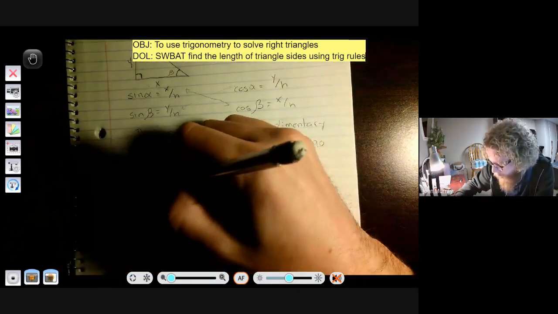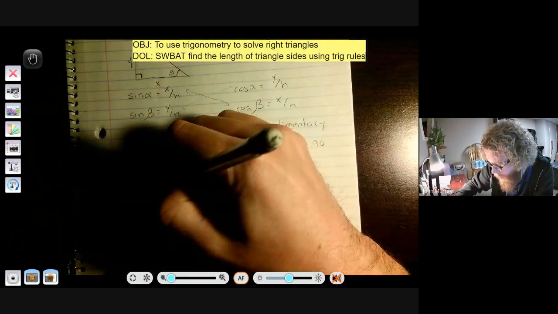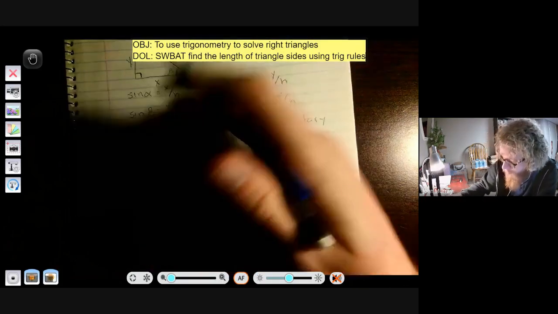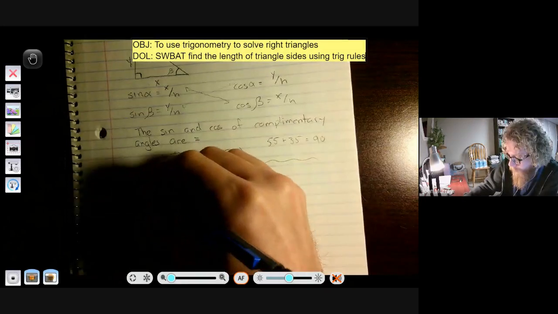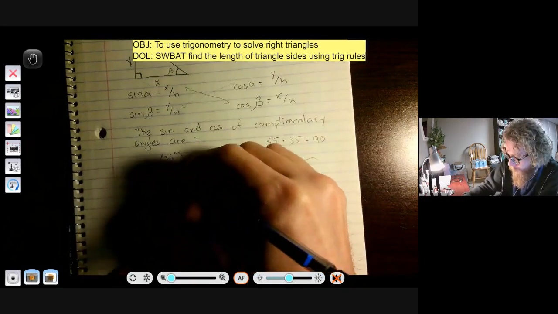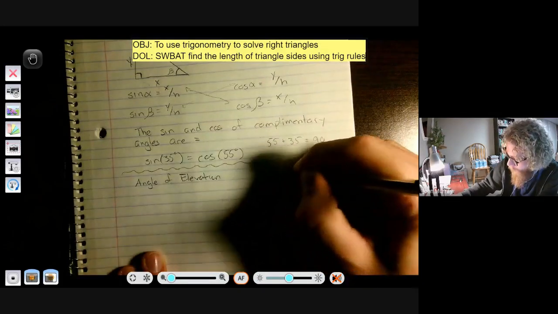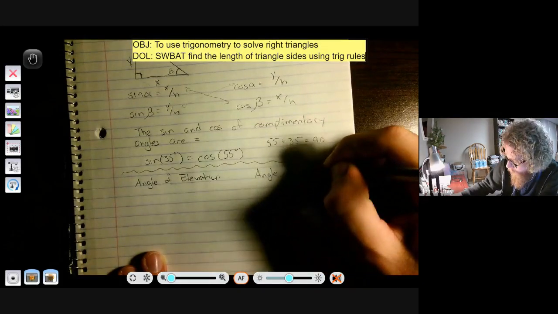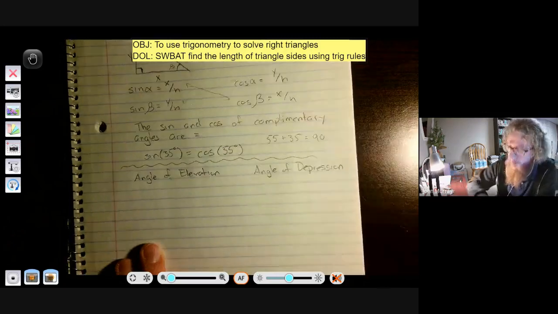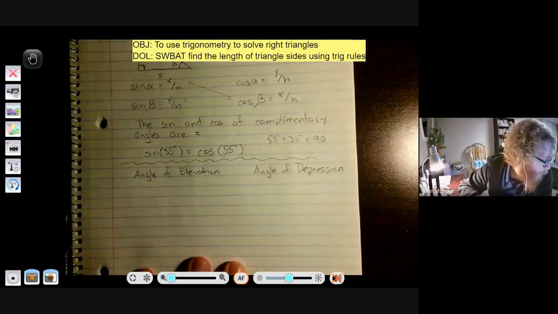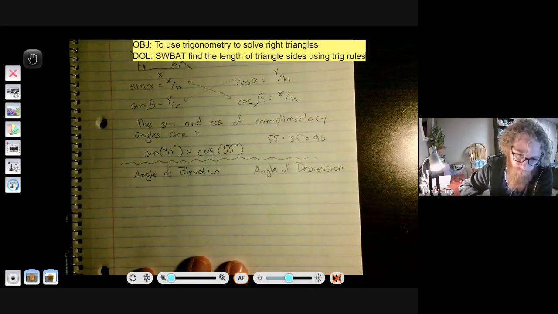So with that, we have two terms that you're going to see pop up, and that is angle of elevation and angle of depression.